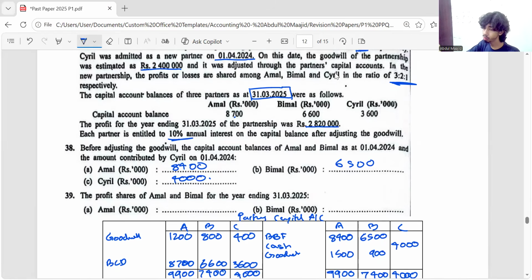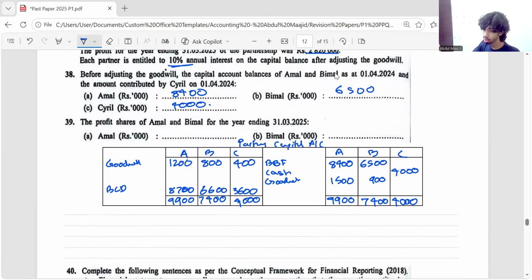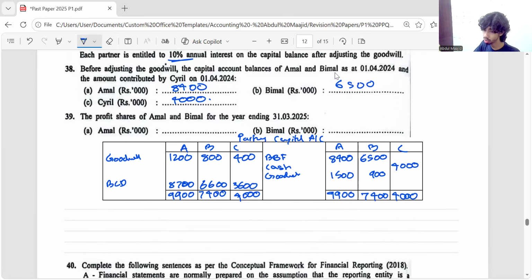Each partner is entitled to a 10% annual interest. Okay, then profit for the year 2,820,000. From this, you have to deduct the interest on capital between Amal, Bimal, and Cyril.